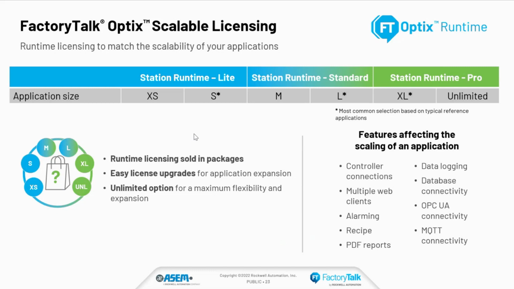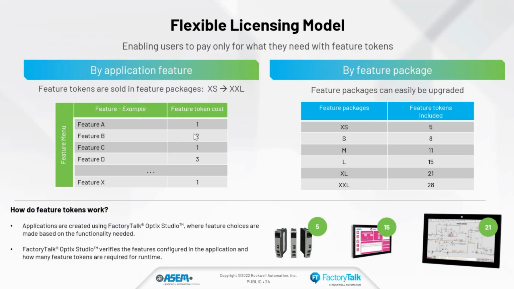Each license package has a specific number of tokens, right? Each package, as you see here on the right: your extra small package has 5 tokens, up to the small has 8, medium has 11, large has 15, extra large has 21, and then there's the unlimited package, which has no token limit, so it could do anything.